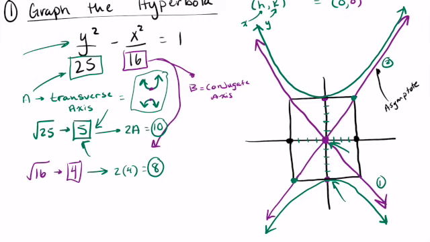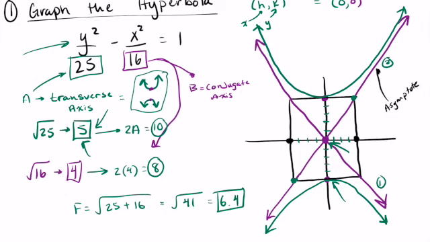But finally, step 4 tells us to find our foci. And I find my foci by taking the square root of 25 plus 16. That's the difference between an ellipse and a hyperbola here: my foci are found by adding my denominators. That's going to give me the square root of 41, which is approximately 6.4.